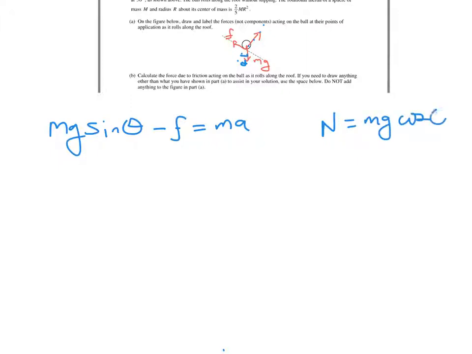In the direction of the ramp, we have mg sine of theta minus the frictional force is equal to the mass times the acceleration. In the y direction, the normal force is going to equal the y component of gravity.